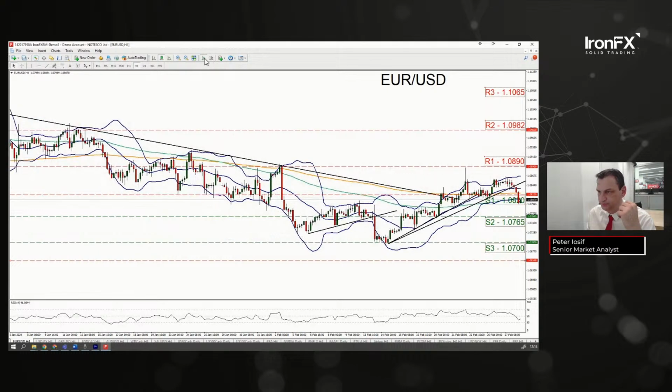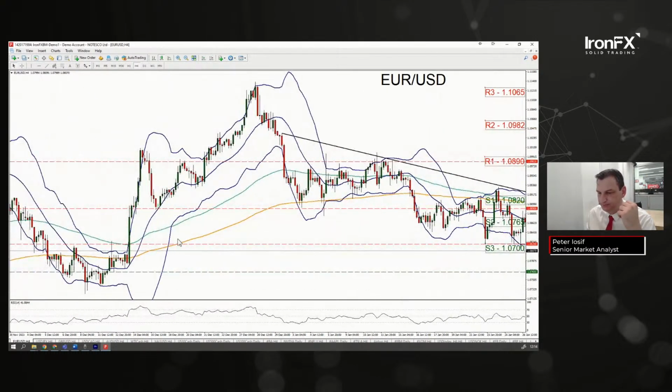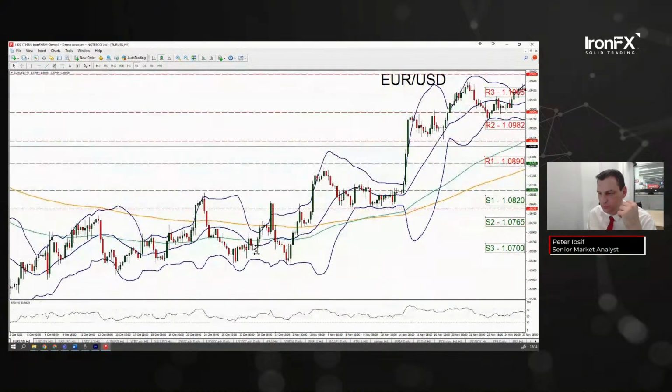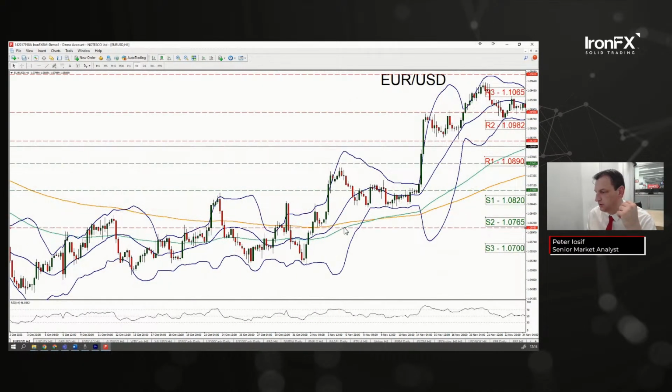Unlocking the chart. Let's go back. We have resistance exactly here. On the other hand, though, it could go lower. In my opinion, somewhere here.